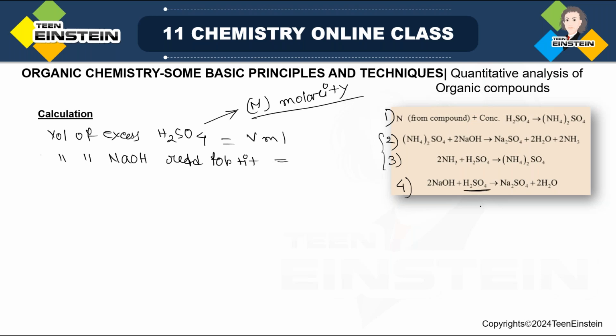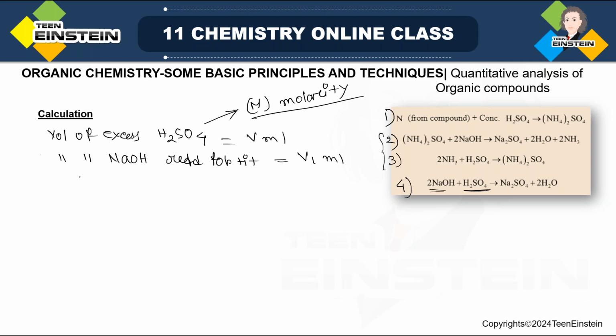Obviously, whatever is your volume for H2SO4, this volume will be different, right? Because molarity is the same, directly from the coefficient you can understand what will be the volume ratio. So volume of NaOH required for titration, suppose it is V1 ml.